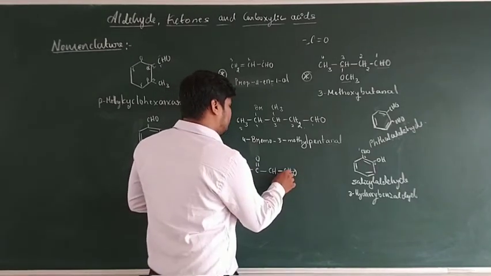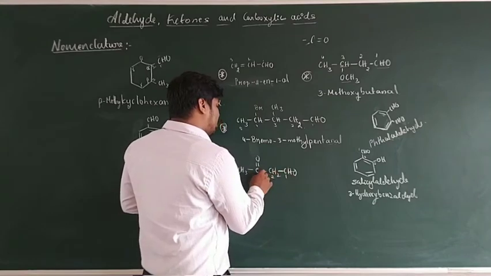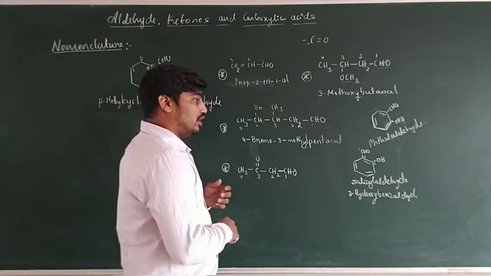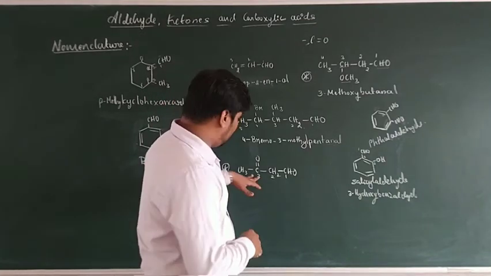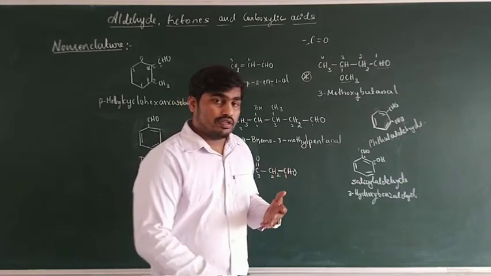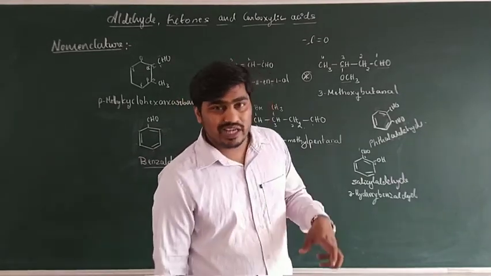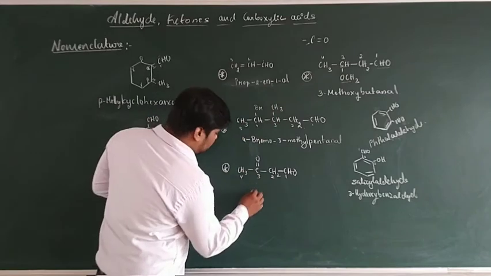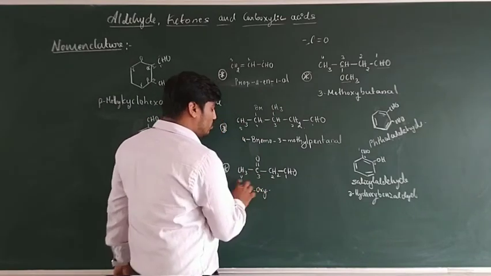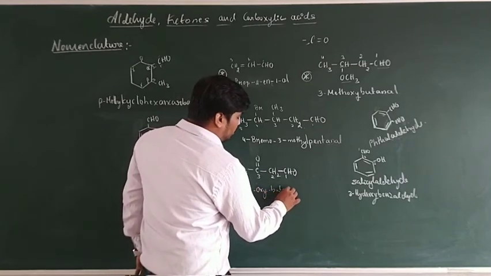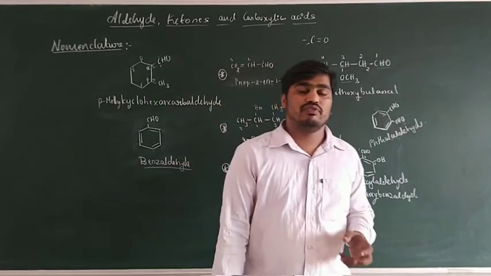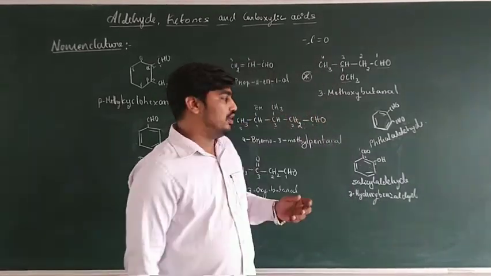Therefore, first carbon, second carbon, third carbon, fourth carbon, and the ketone becomes a substituent. The substituent ketone is prefixed as oxo, so 3-oxo-butanal.